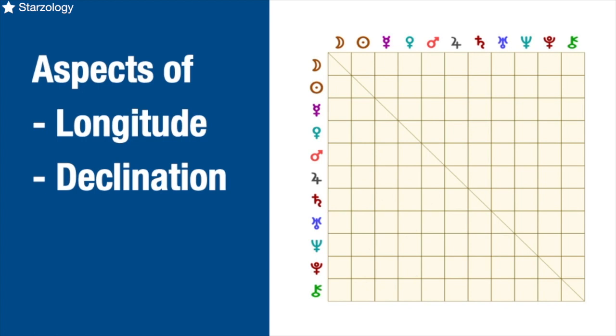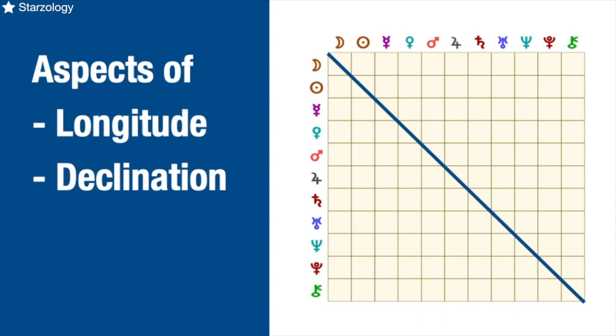Typically, your aspect grid will look something like this. Here I'm displaying the planets from the Moon all the way out to Chiron. You can see I'm not displaying the Ascendant, the Midheaven or the nodes, but of course you could. The aspectarian is divided by this diagonal line. This is what we would call a full aspectarian, but on some charts you only get half an aspectarian, where you typically only display the aspects of longitude.